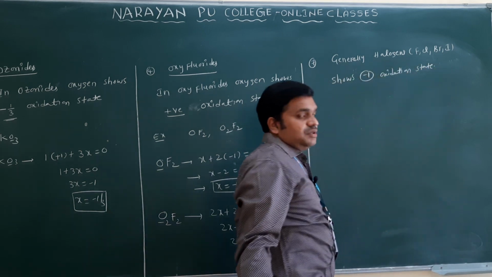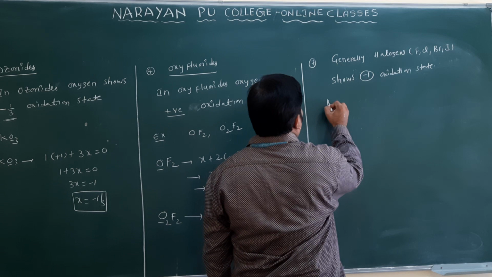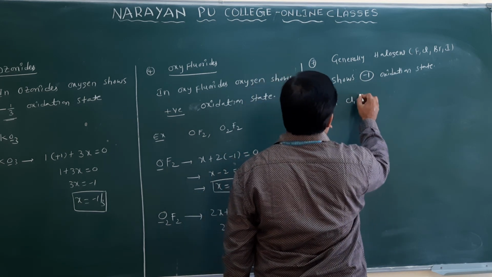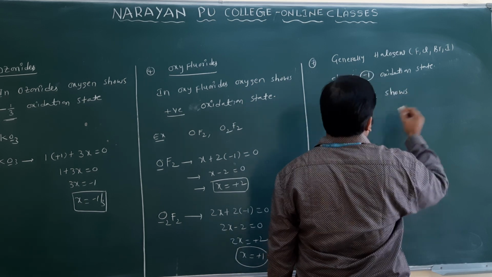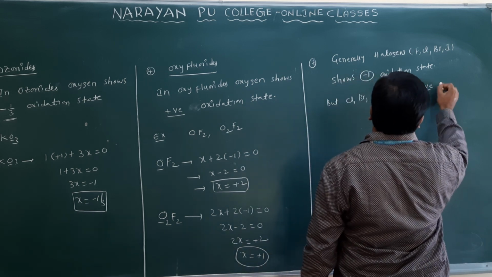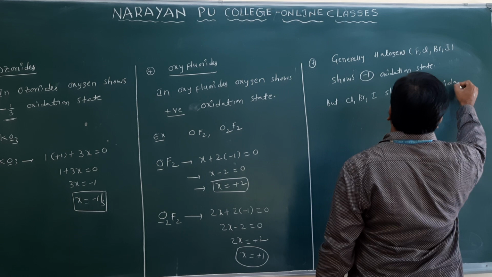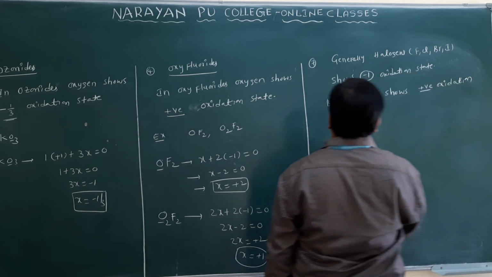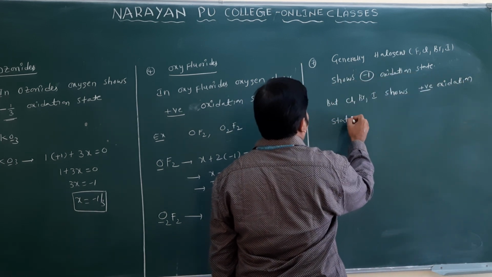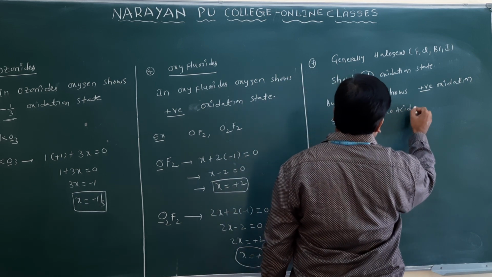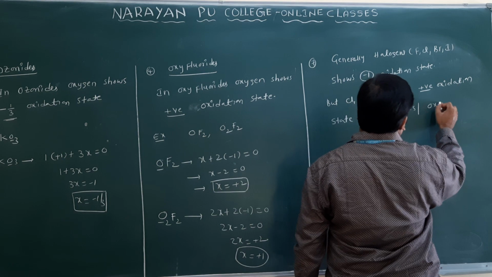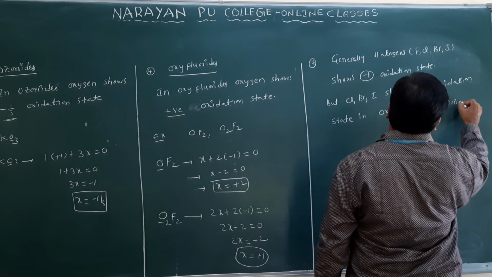-1 oxidation state, but chlorine, bromine, iodine show a positive oxidation state in oxoacids or oxoanions.